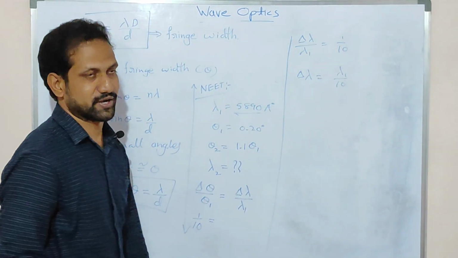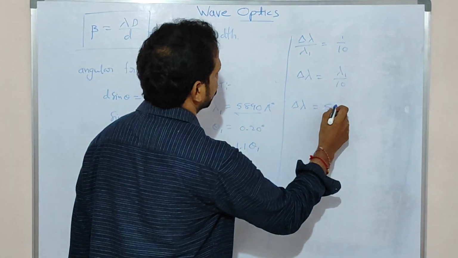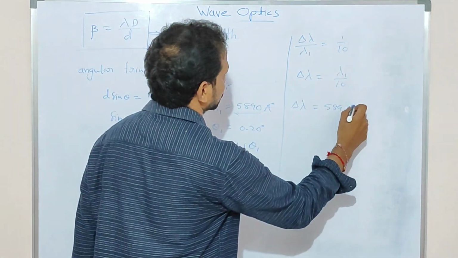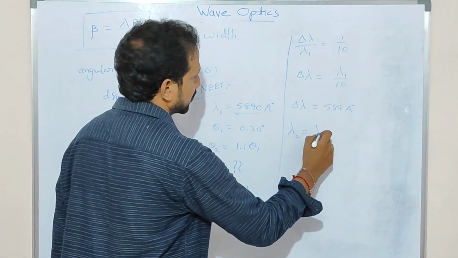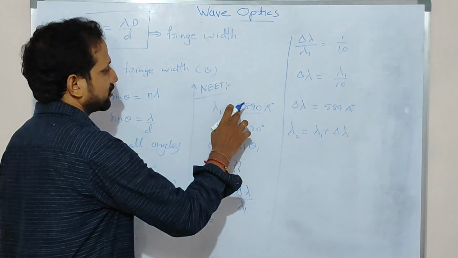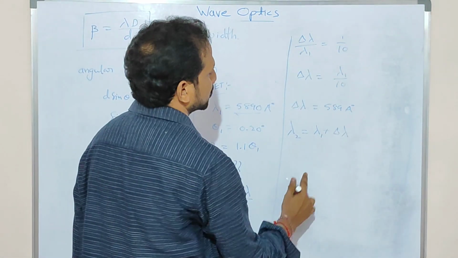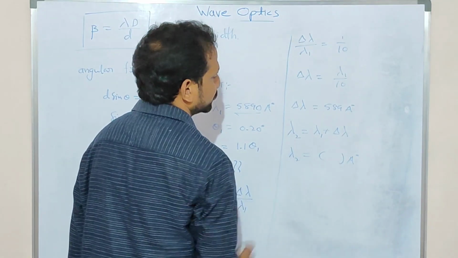Lambda 1 is 5890 angstroms, so the change in the wavelength equals 589 angstroms. Then the final wavelength is lambda 2 equals lambda 1 plus the change in the wavelength. So if you add 5890 with 589, you will get the number in angstroms.